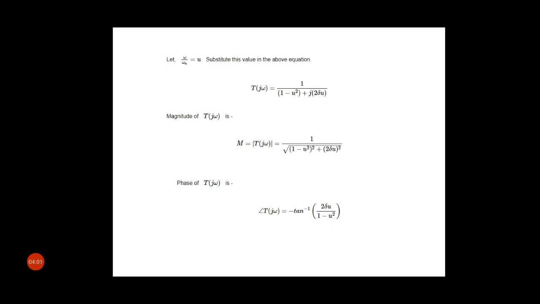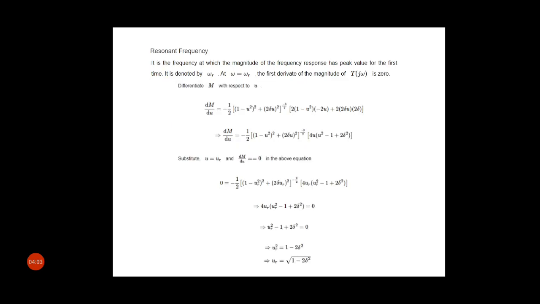Okay, now see what is resonant frequency. Resonant frequency is the frequency at which the magnitude of the frequency response has its peak value for the first time, and it is denoted by omega_r.